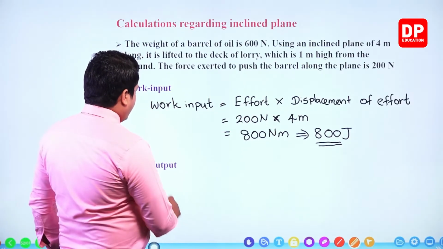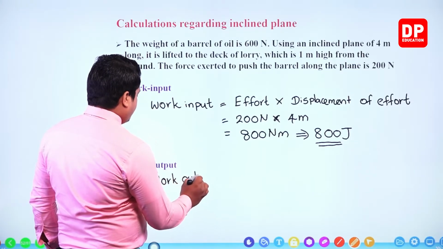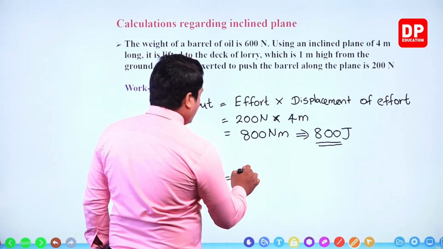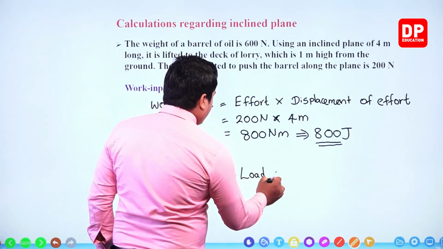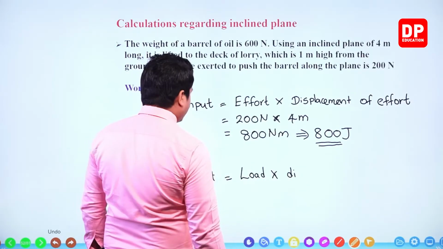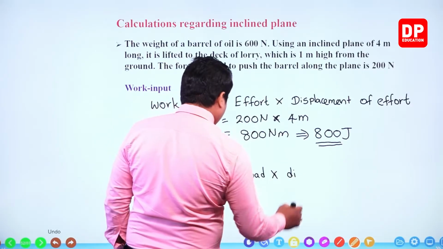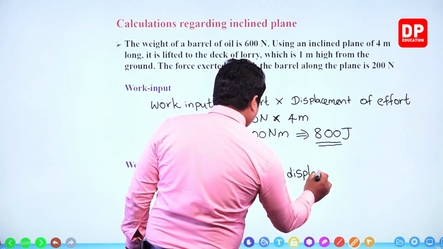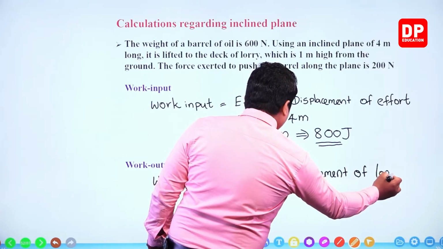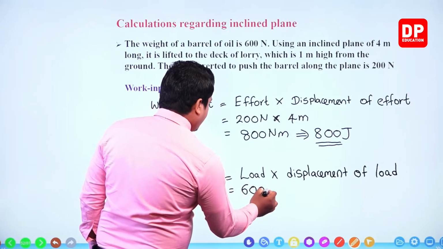Then work output is equal to load multiplied by displacement of the load. So the load is just 600 Newton.